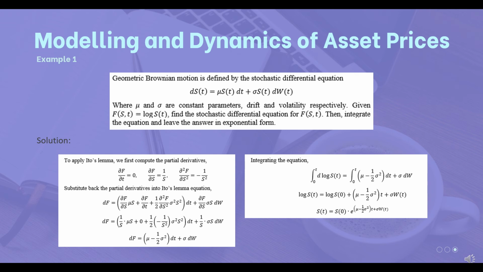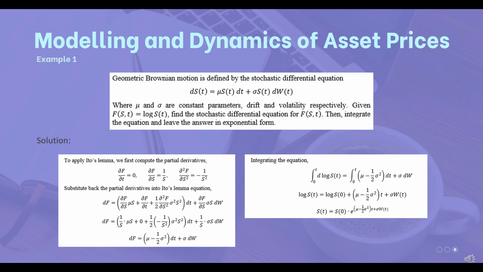In this slide, an example regarding the geometric Brownian motion is given, and the stochastic differential equation of the geometric Brownian motion is given as dSt equals mu St dt plus sigma St dWt. We are asked to find the stochastic differential equation for f(St), which is log St, and to leave the answer in explicit form.